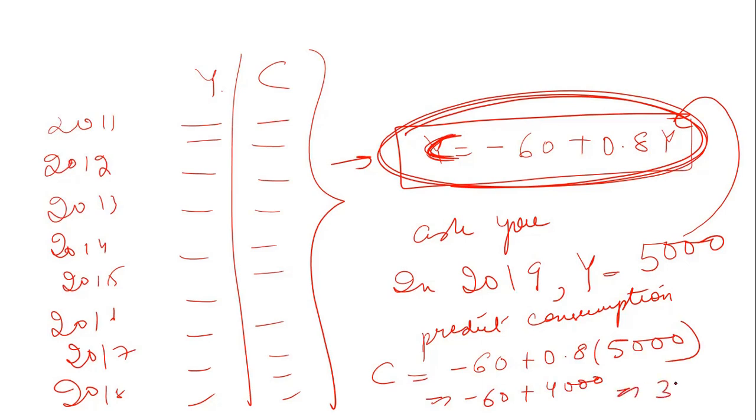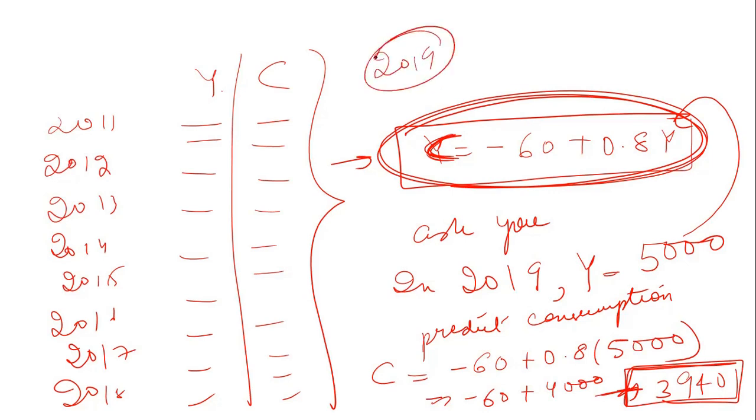This is going to be 3940. Just see if I've done the mathematics correctly. So this is going to be 3940. So you end up telling me, I have predicted your consumption for 2019. In 2019, if your income is $5,000, then your consumption will be $3940.